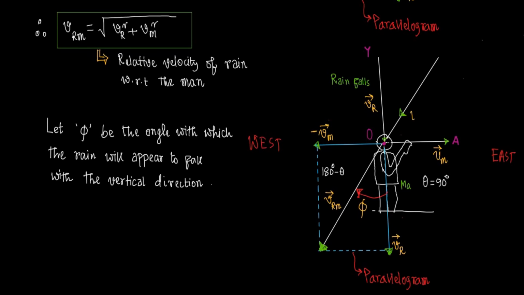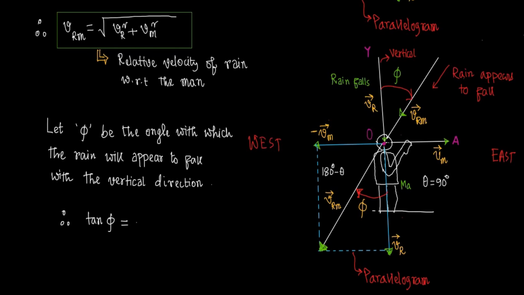In the diagram, obviously due to relative motion between the rain and the man, the rain will appear to come from this direction with the relative velocity vector VRM, at an angle phi east of vertical.